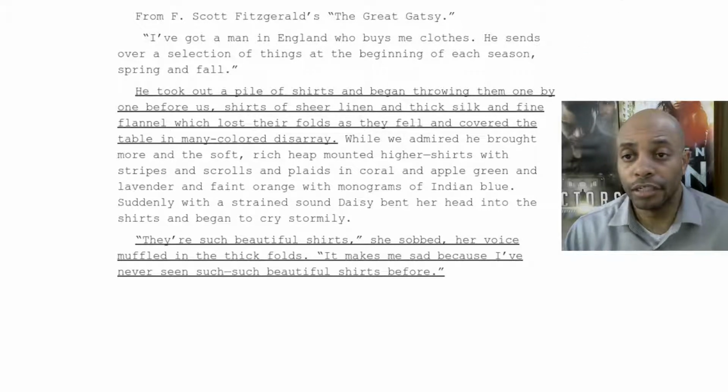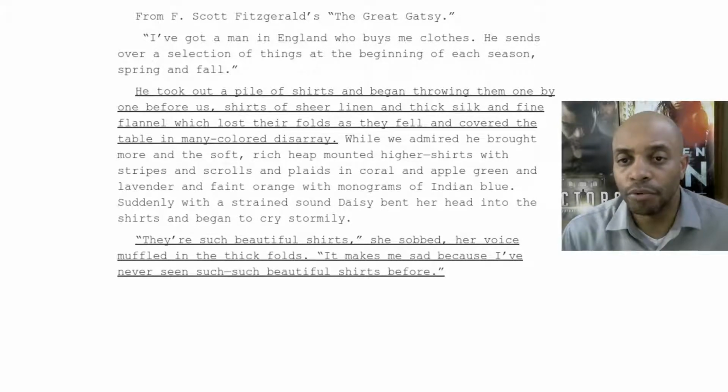Shirts of sheer linen and thick silk and fine flannel, which lost their folds as they fell and covered the table in many-colored disarray. While we admired, he brought more, and the soft, rich heap mounted higher. Shirts with stripes and scrolls and plaids and coral and apple green and lavender and faint orange with monograms and Indian blue.